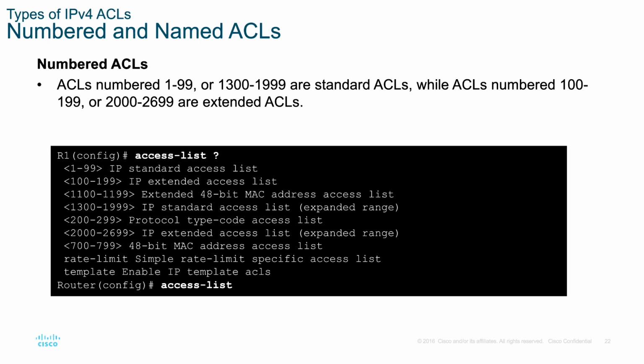Okay, some of these ranges are used for other protocols that are not covered in this chapter. So as I said, we're only looking at IP traffic. So these are the ranges that you need to understand.